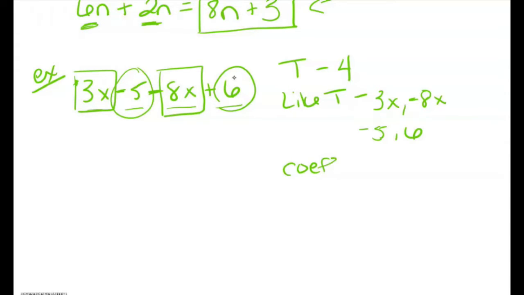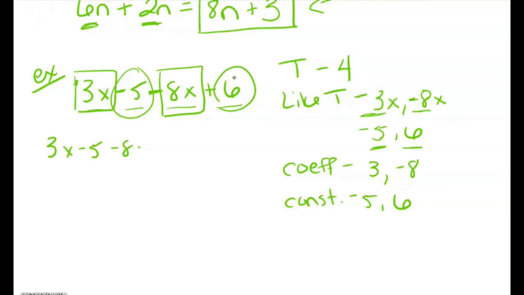Okay, my coefficients are the numbers before the letters, and you can even look up right in our list here. 3 and negative 8. And then our constants, negative 5 and 6. Okay, so now we are going to combine like terms. So I have 3x, I'm going to rewrite it for clarity here.